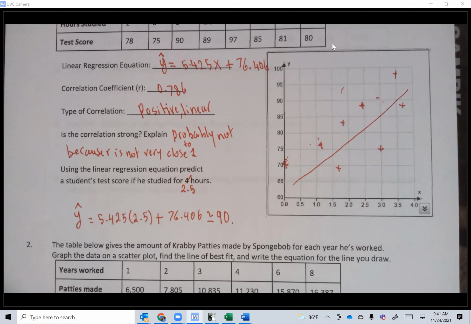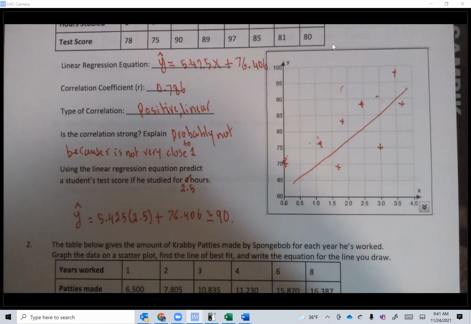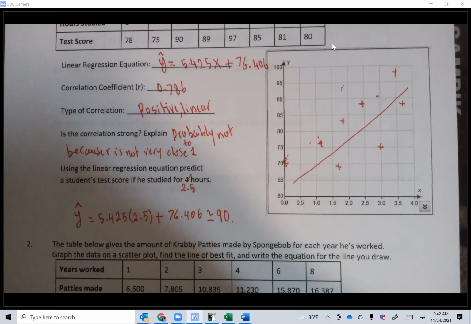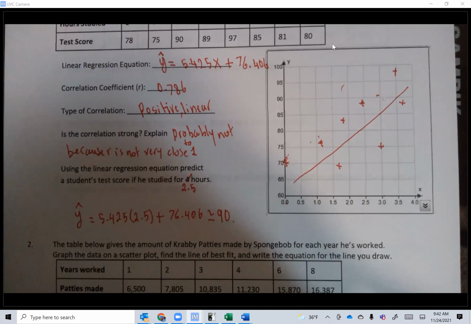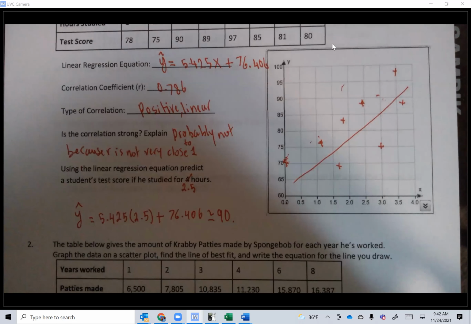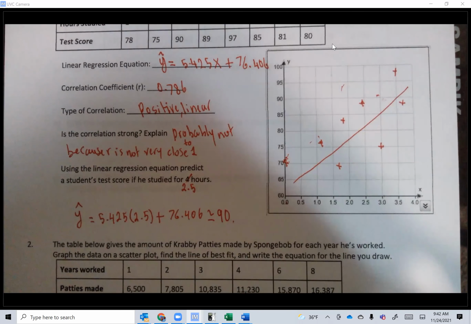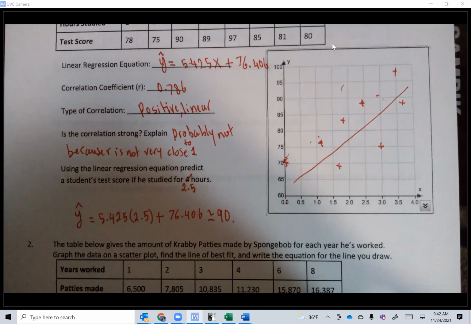That's the line of best fit. They call it the equation of the regression line. It says linear regression equation, or it's called the equation of the line of best fit, or the equation of the least squares line. If I ask you any of the three, it's exactly the same thing. You have to find y equals ax plus b.